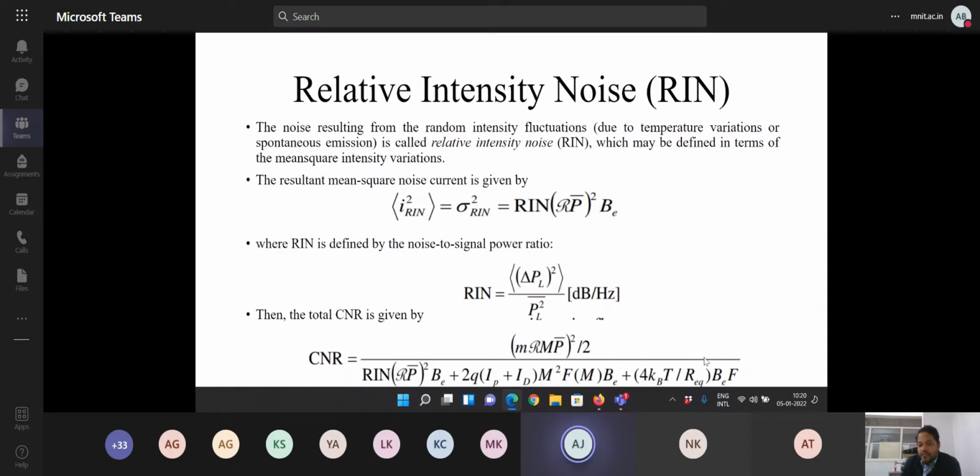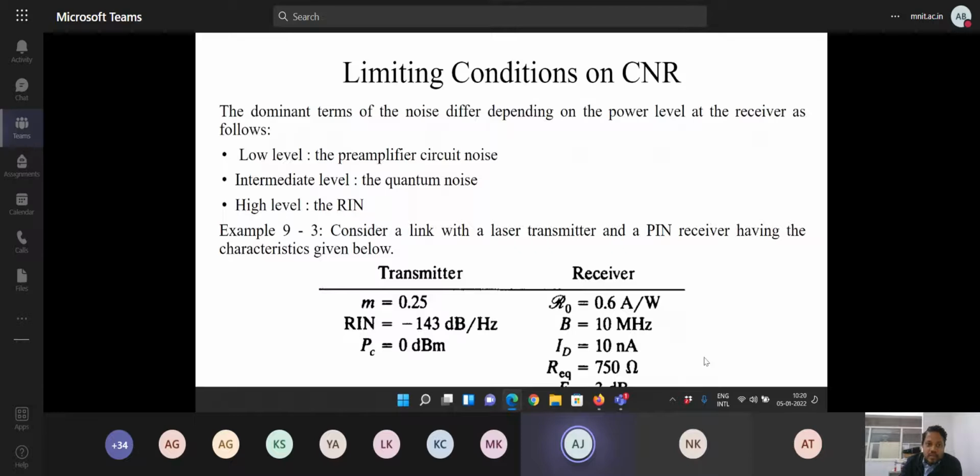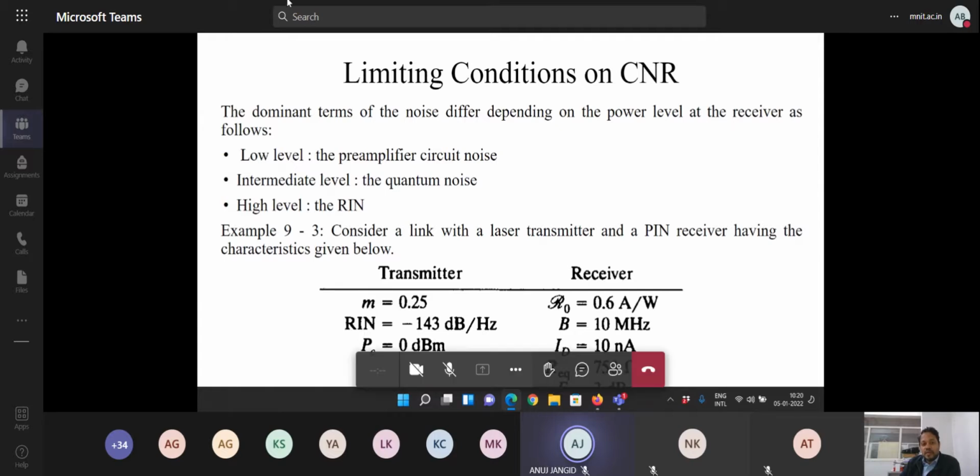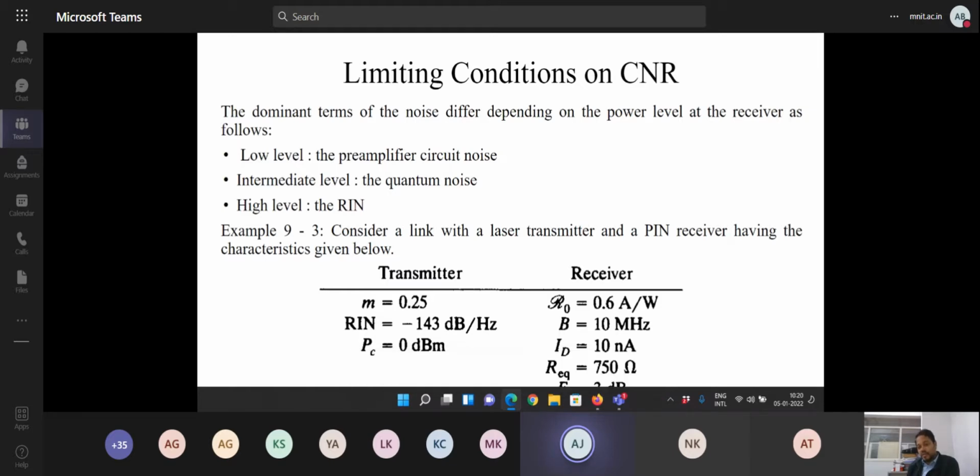Okay, if the input optical power at the receiver is at the intermediate level, of the order of 100 to 500 microwatts, then we have quantum noise. The quantum noise refers to the detector noise.